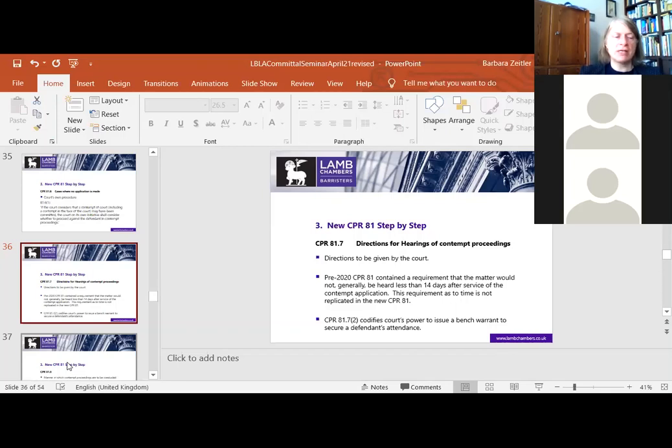And something that's actually quite interesting to note, you will recall from the pre-October CPR 81, is that there was a requirement that the matter would generally be heard not less than 14 days after service of the contempt application, and that time requirement is actually not replicated in the new CPR 81.